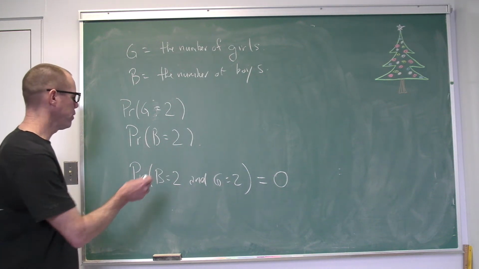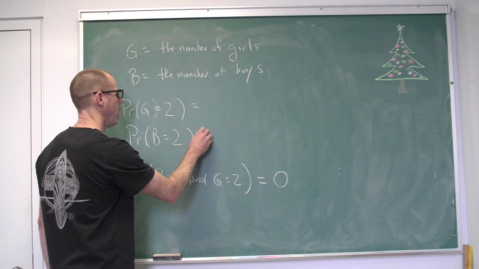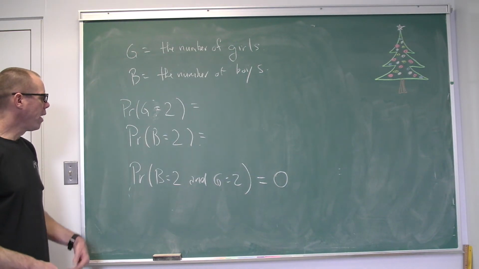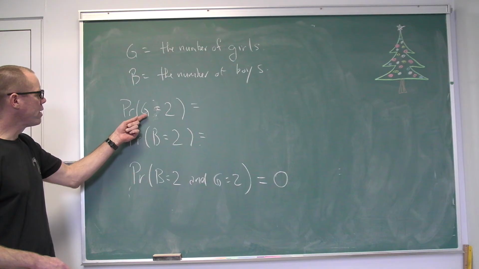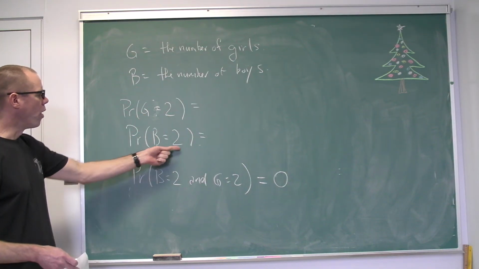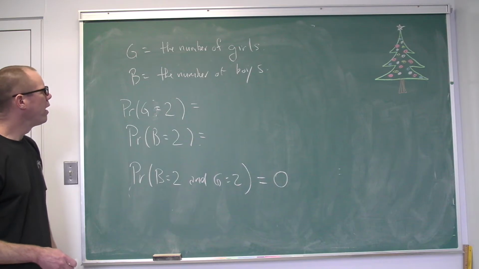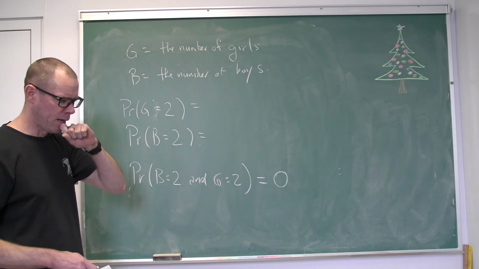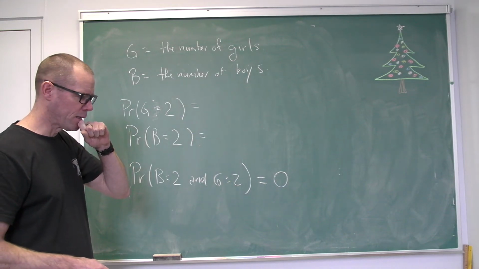On the other hand, by the end of this process, the couple either has 2 girls and 1 boy, or 2 boys and 1 girl, and there's nothing different about these 2 things.